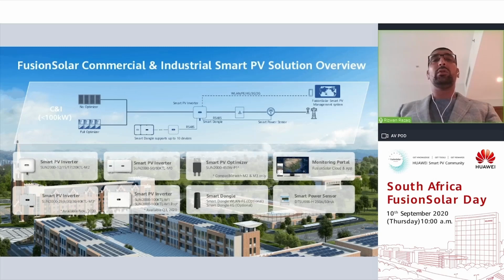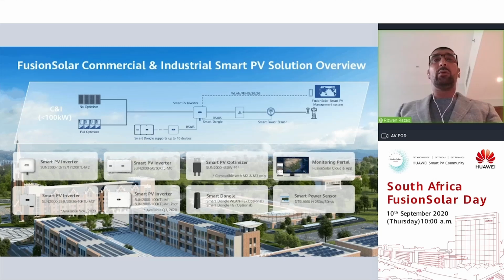This is built in with all of the features and has 4 MPPTs and 8 inputs. With a product that's been operating for many years now, which is the 50 and 60 KTL-M0, 6 MPPTs and 12 inputs, and our largest C&I applicable inverter, which is the 100 KTL-M1.